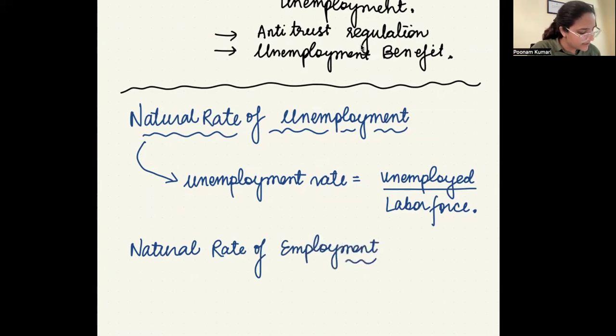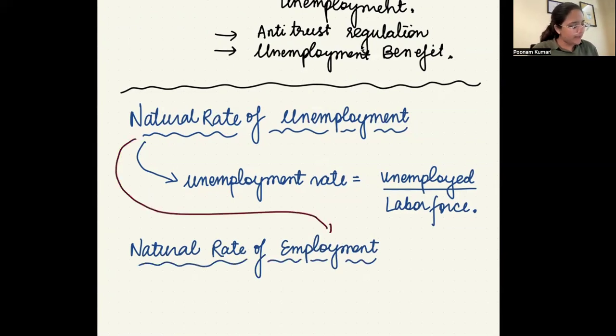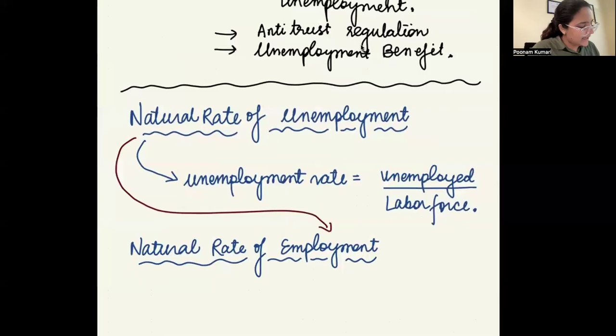My statement is very simple: I can easily move from unemployment to employment. Let's say there is a number UN, the natural rate of unemployment.